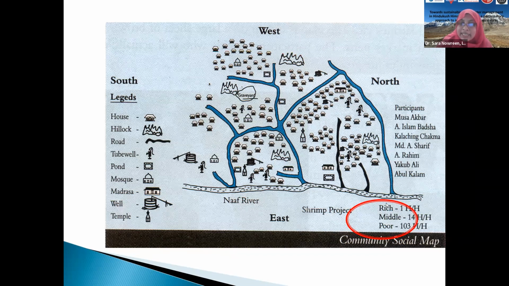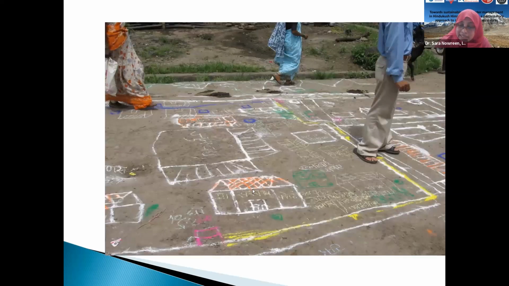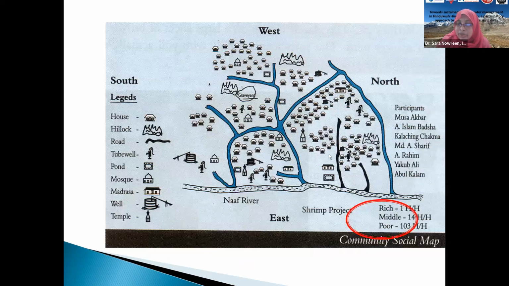They made different notations for rich houses and poor houses, and they also pointed out which is a graveyard and which is the mosque, which have social values for them, so social importance. That's in short what I can say. This was done in India with the village people. They like working on the ground more than writing on paper.